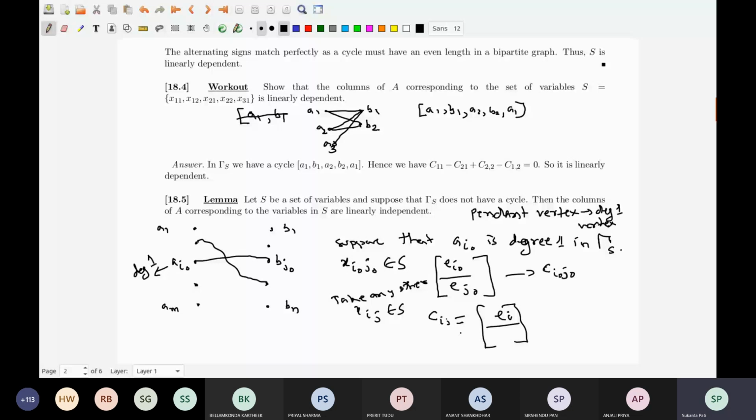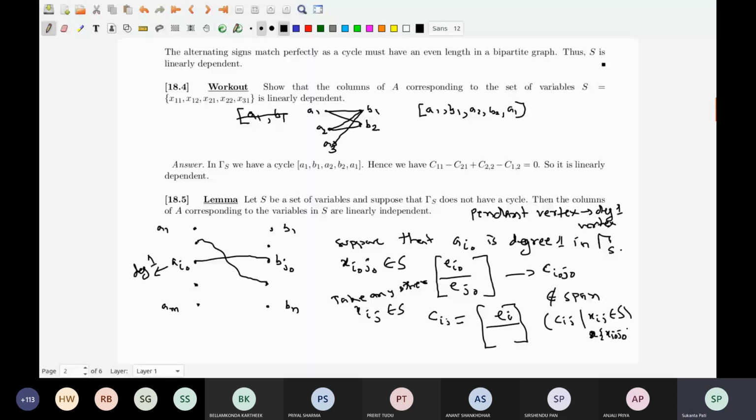So it follows that C i0 j0 does not belong to the span of the Cij, where xij belongs to S minus the set containing x i0 j0.